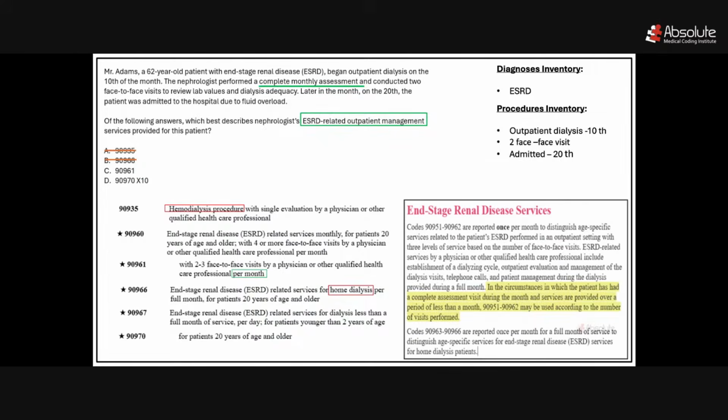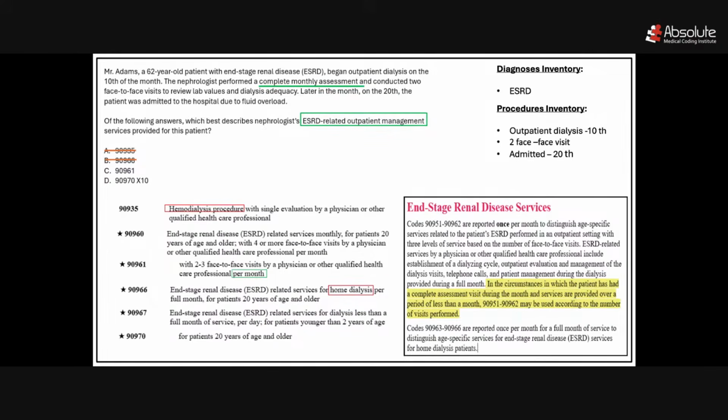And if you remember, coders, I said that the guideline states in circumstances in which the patient has had a complete assessment visit during the month and the services are provided over a period of less than a month, you can use the monthly service code 90951 through 90962, based on the number of visits performed. So here, patient didn't have a complete month of dialysis. In between, he got admitted.